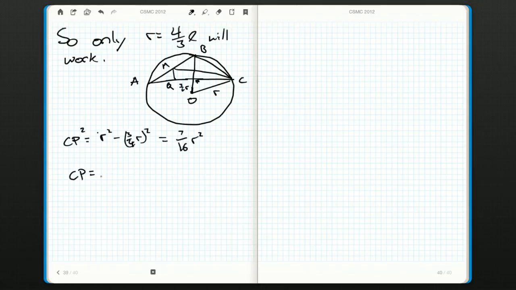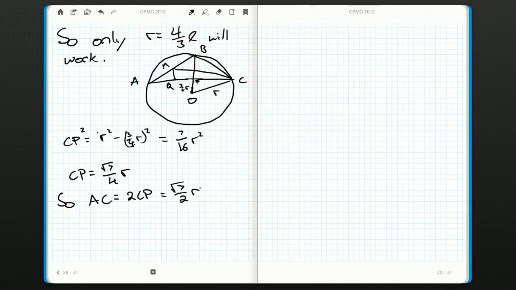So CP is square root of 7 over 4 R. And we know AC is 2 CP, so that's going to be root 7 over 2 R.